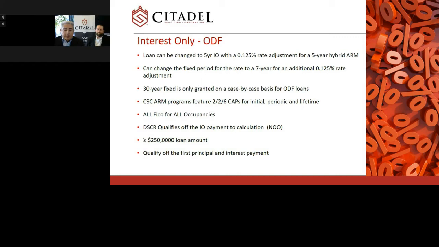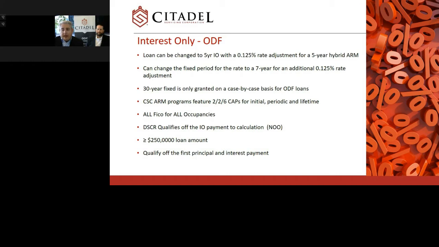So anytime you're doing an ODF non-owner occupied and you're using DSCR, you qualify off the IO payment. Now that's completely different than our Maggie and our non-prime product. And it makes it very special because now it's back to the traditional way of qualifying that we're all used to from the early 2000s, of qualifying an interest-only type payment and borrower.